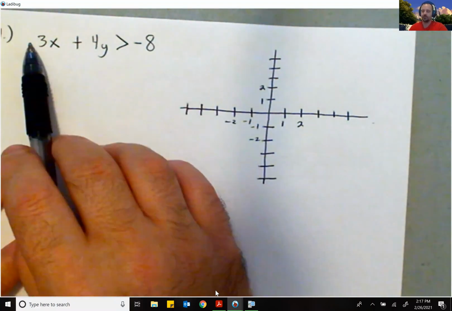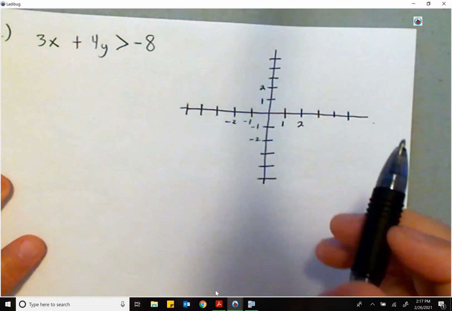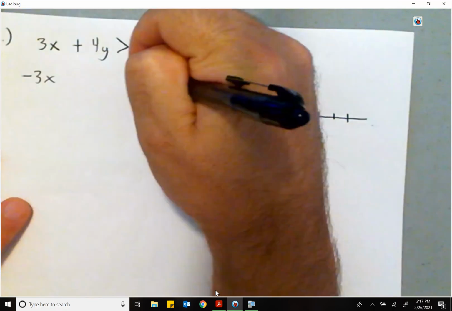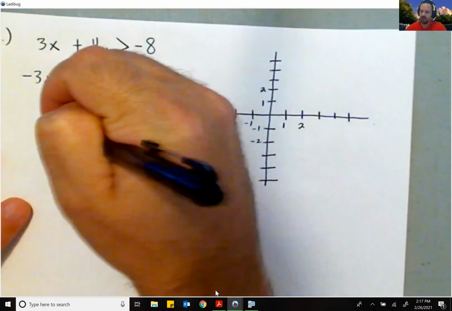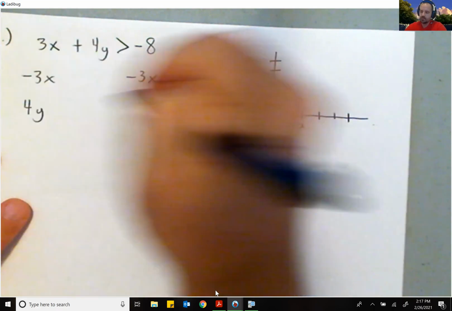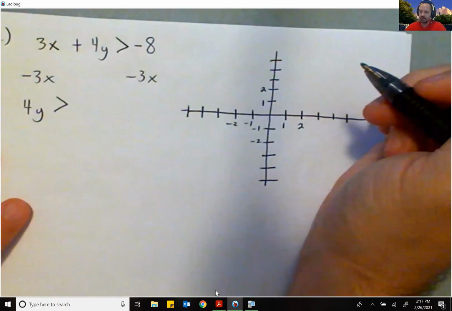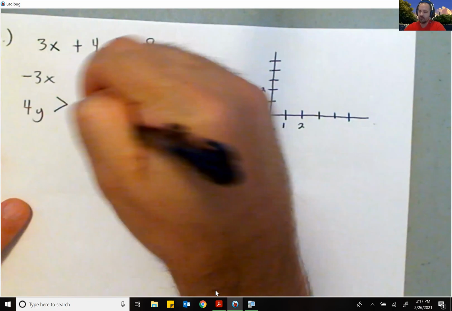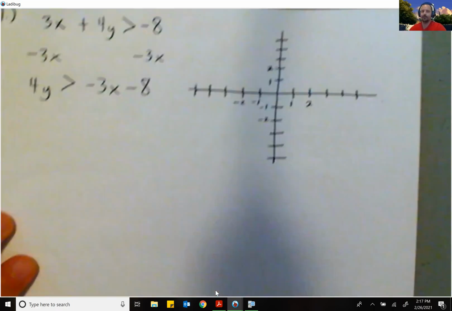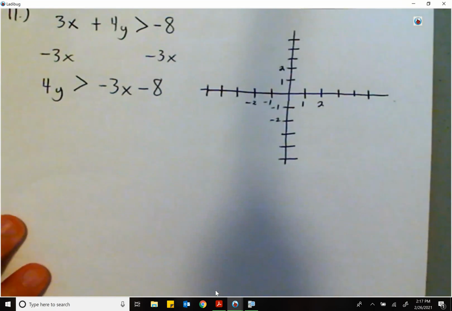So what are we going to do first? Subtract the 3x on both sides. -3x minus 3x. That will give us 4y greater than, and I always like to put my x first, -3x minus 8. Now what? Divide by 4.